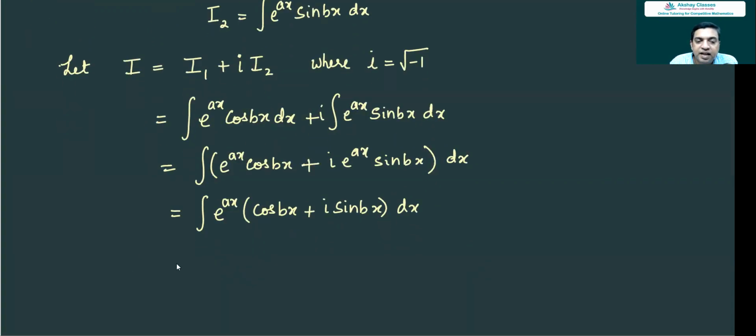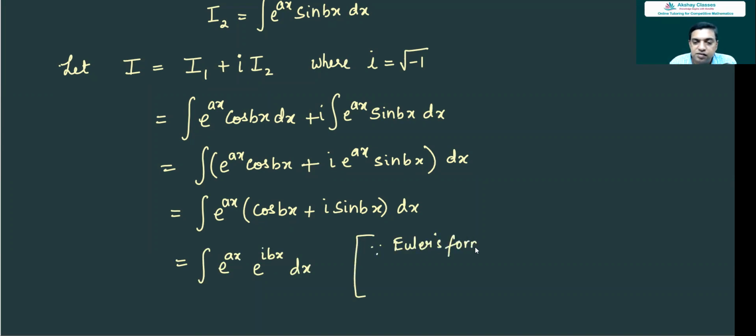Okay. What is this? By Euler's formula for complex numbers, this is e power i bx. Euler's identity for a complex number: e power i theta is cos theta plus i sine theta, right?